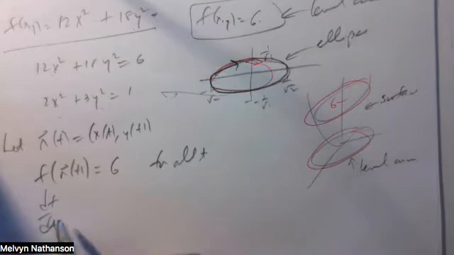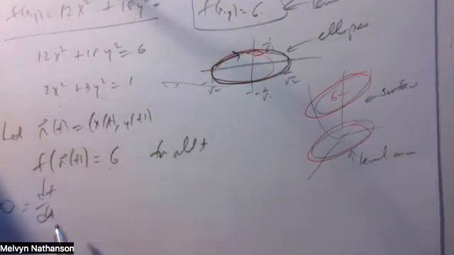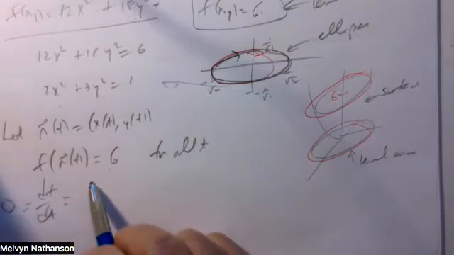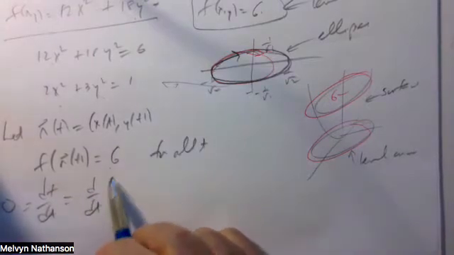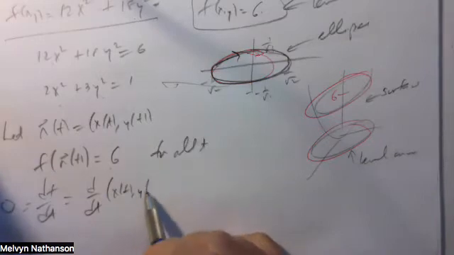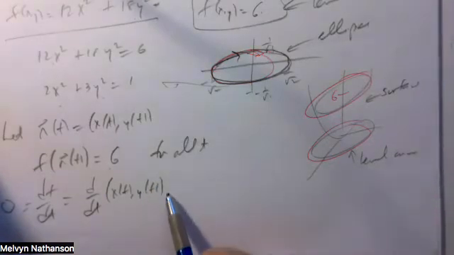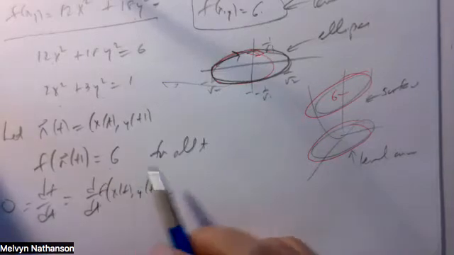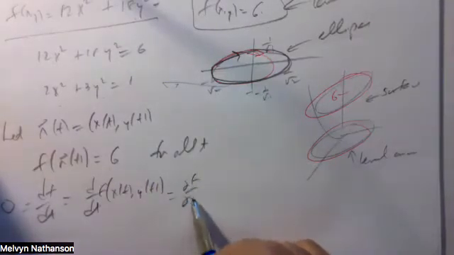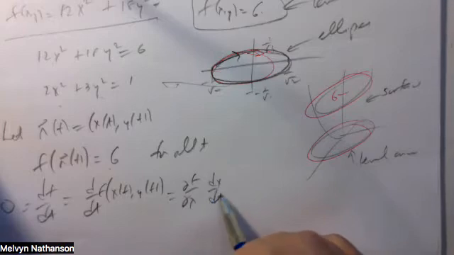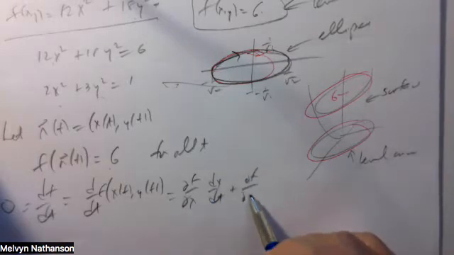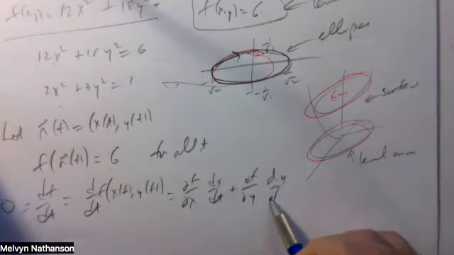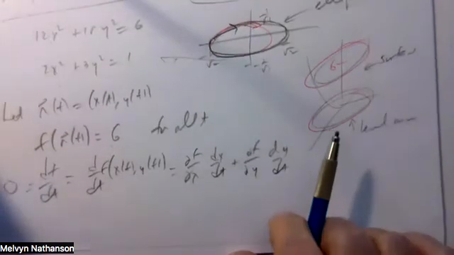So df dt is 0 because this is just a constant function. But what is this? This is the derivative with respect to t of f of x of t, y of t. And by the chain rule, this is the partial of f with respect to x, dx dt, plus the partial of f with respect to y, dy dt.